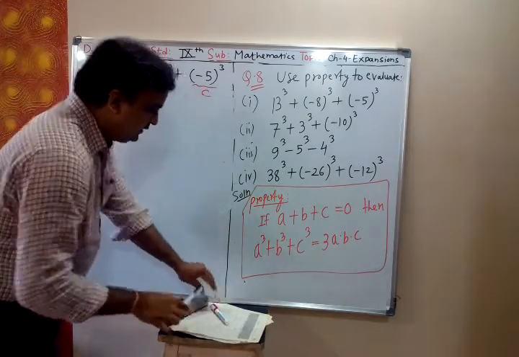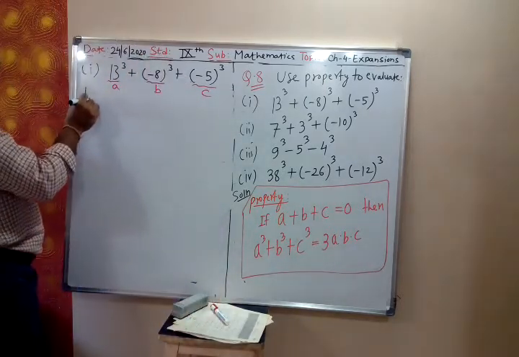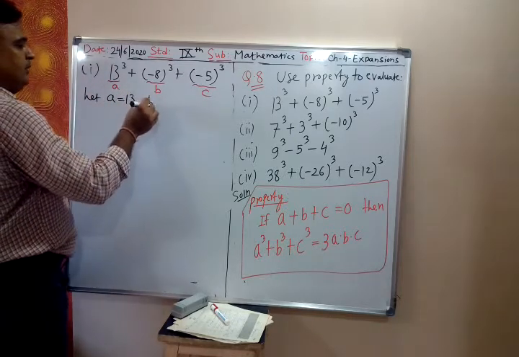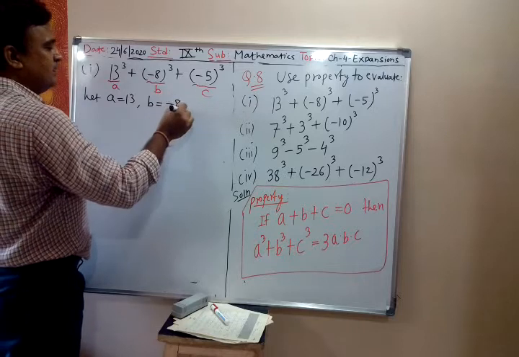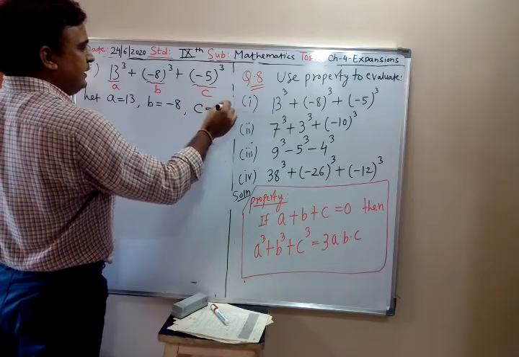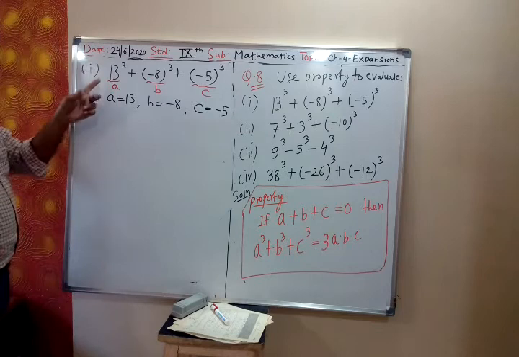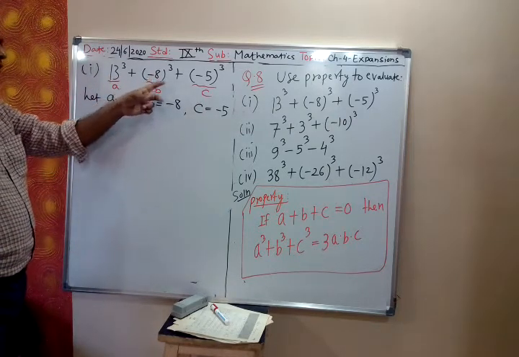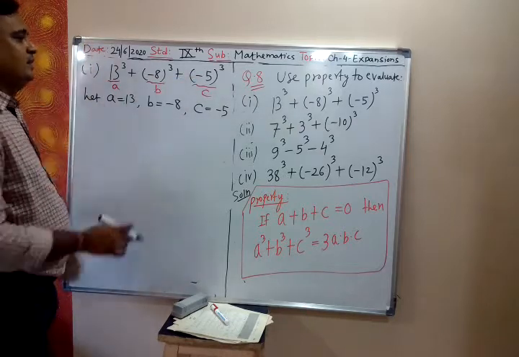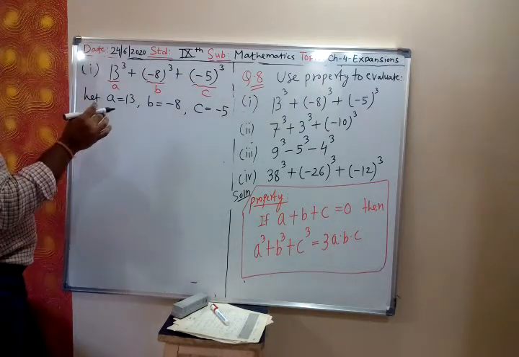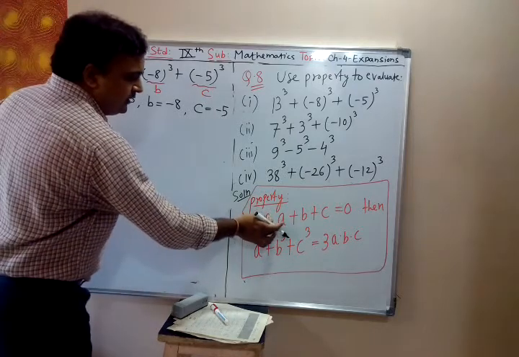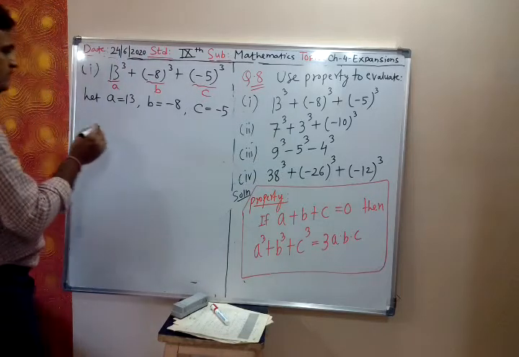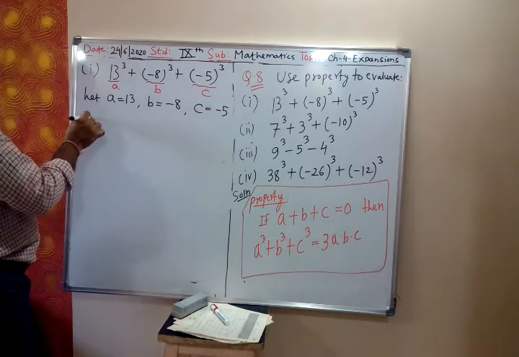So let a is equal to 13, b is equal to minus 8, and c is equal to minus 5. And now we find what is a plus b plus c. I have to check this condition whether a plus b plus c is 0 or not.